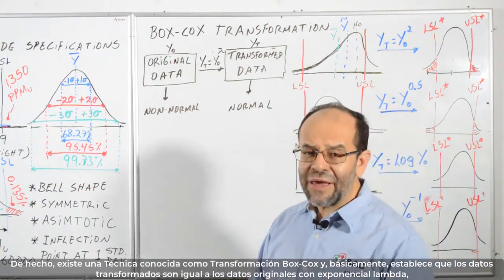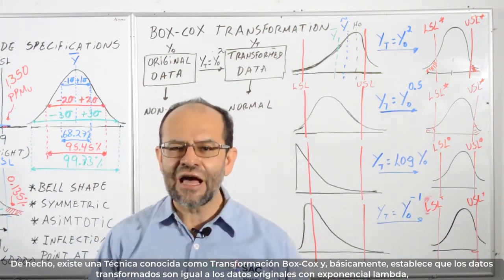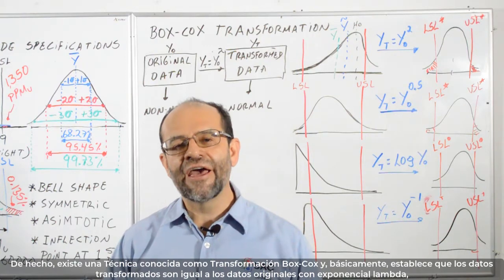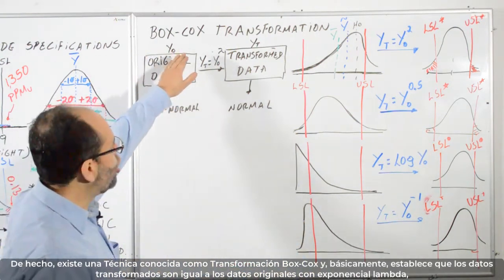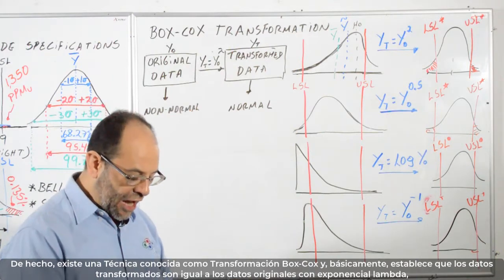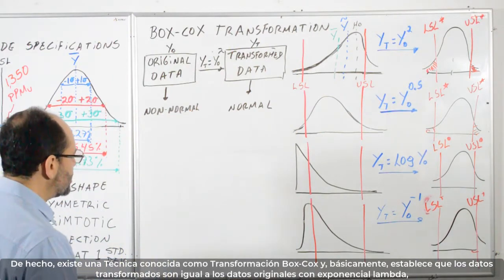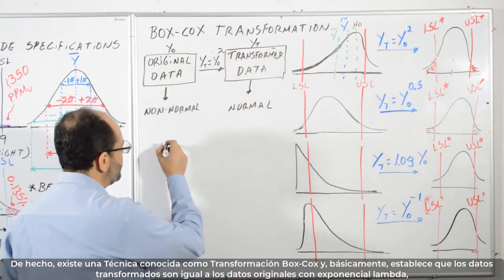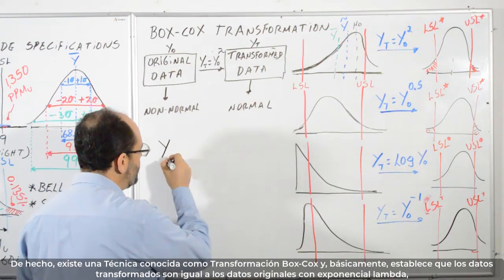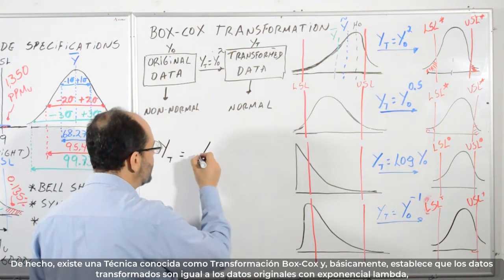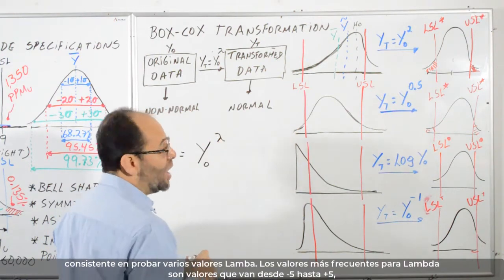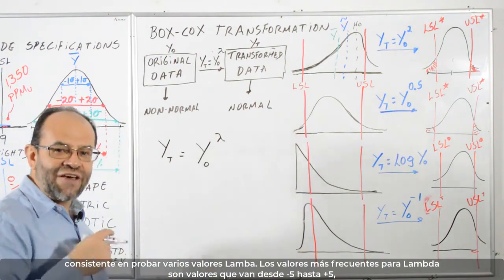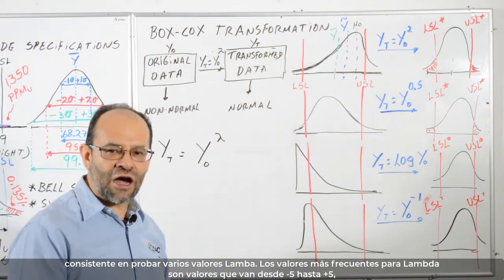That process is in fact a technique known as the Box-Cox transformation. Basically, the Box-Cox transformation states that the transformed data will be equal to the original data to the power of lambda. Usually several lambda values are tried.